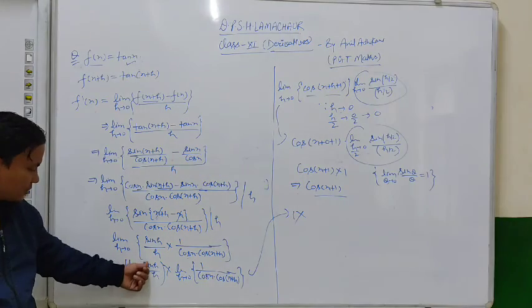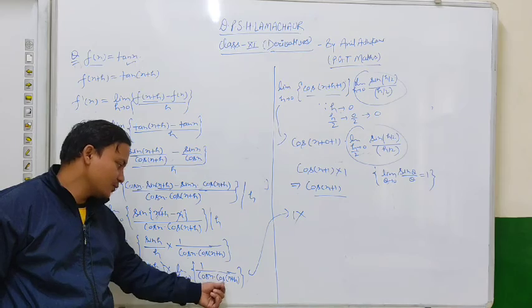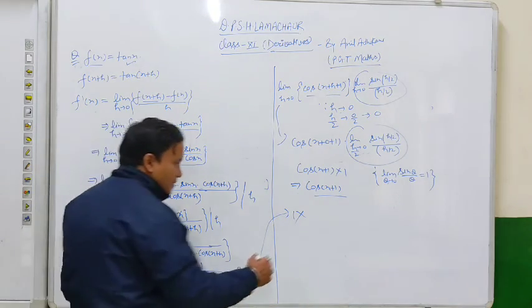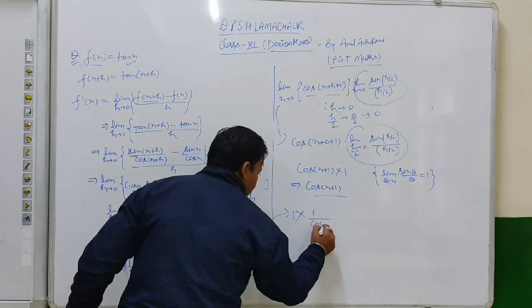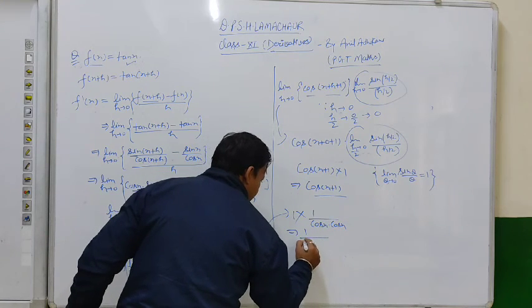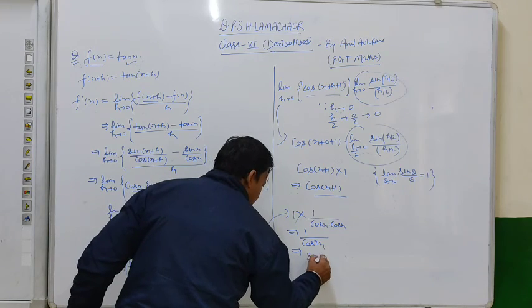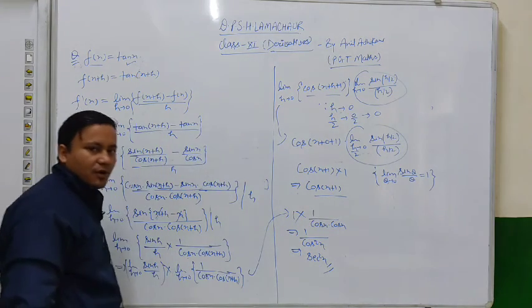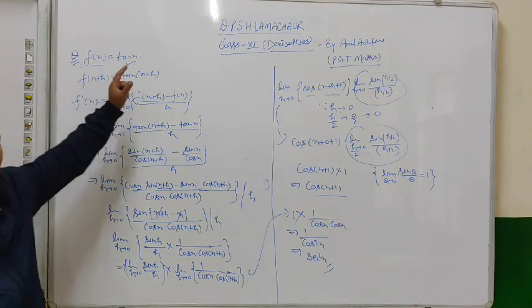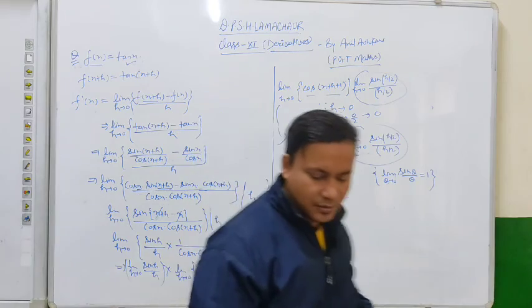So limit h tends to 0, sin h upon h will be 1, and here we get 1 upon cos x into cos(x plus 0), that is 1 upon cos x into cos x. So this will be 1 upon cos square x, and 1 upon cos square x is sec square x. So the derivative of function tan x, which is a trigonometric function, is sec square x. Okay, pause the video and take the screenshot.